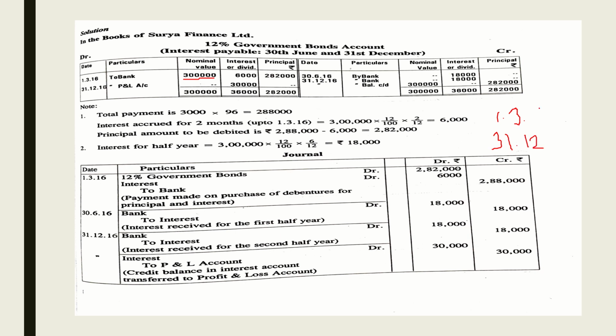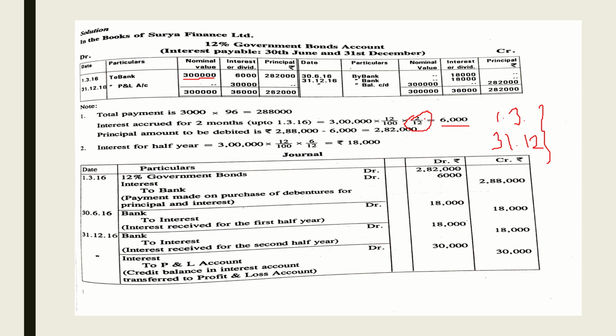So see how many months are involved between 31st December 2015 and 1st March 2016. January, February: 2 full months are involved. So into 2 by 12. This comes to 6,000, which is the cum interest. That should come in the interest or dividend column in the investment account.